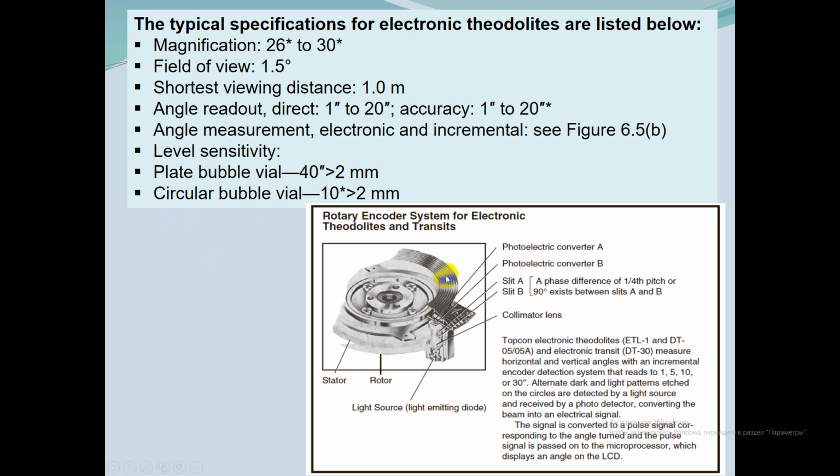So this is the rotary encoder system for electronic theodolites and transits.